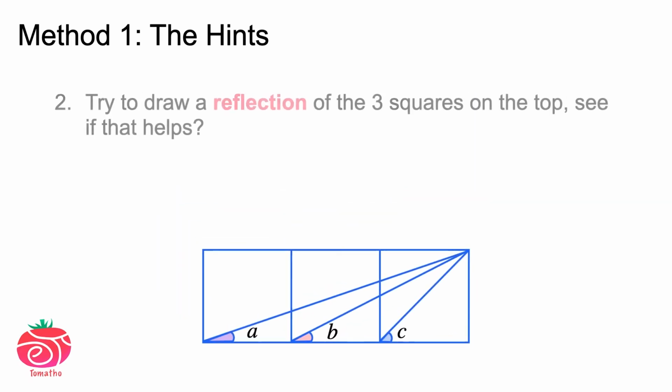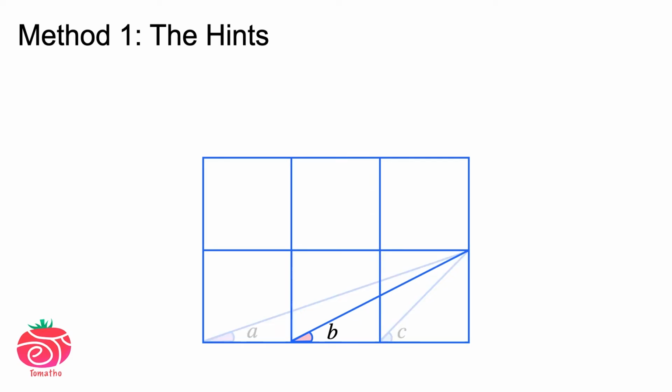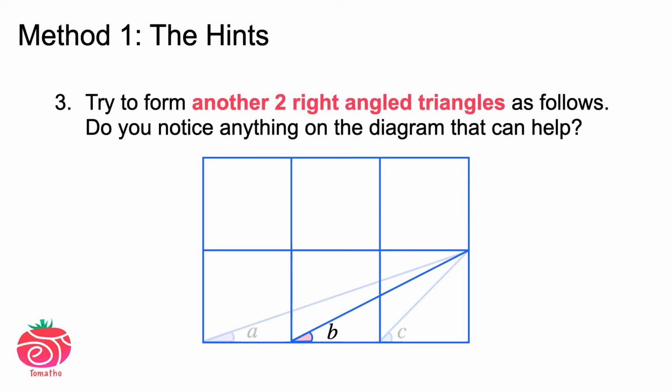Next, try to draw a reflection of the 3 squares on the top. See if that helps. And try to form another 2 right-angled triangles as follows. Do you notice anything on the diagram that can help?